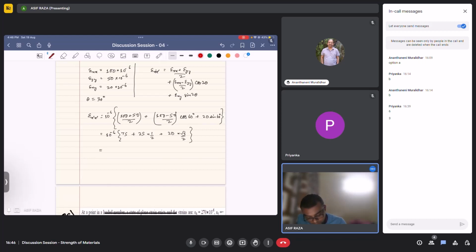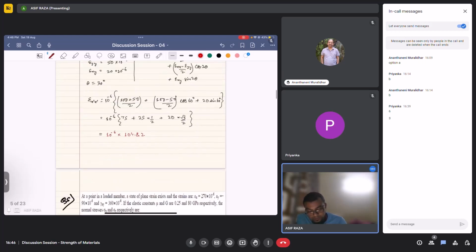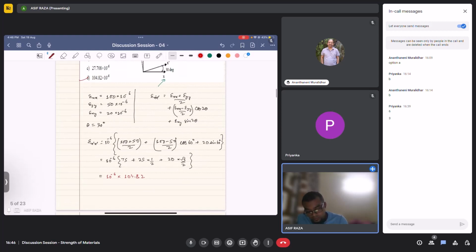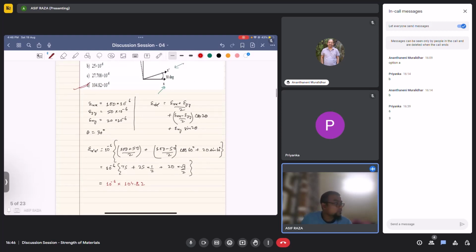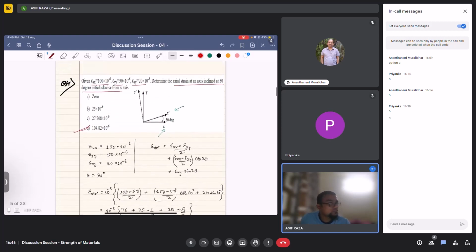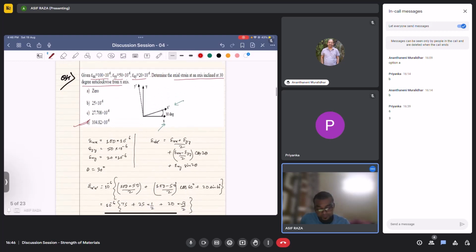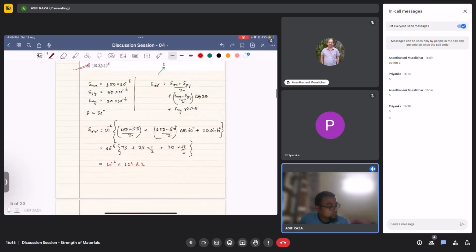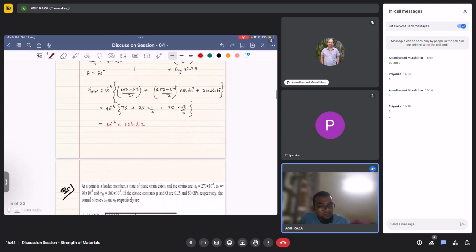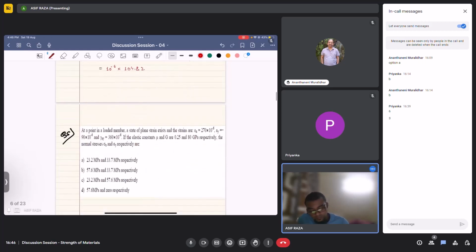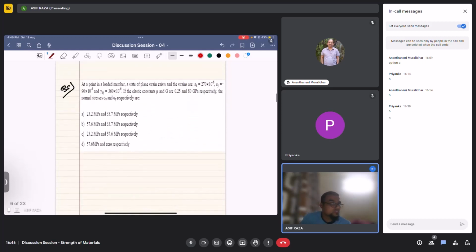So this is 10 to the power minus 6 into 104.82. Yes. So the answer is option D. I hope there are no issues with this question. You can ping anytime you feel doubt. Moving on to the next question.